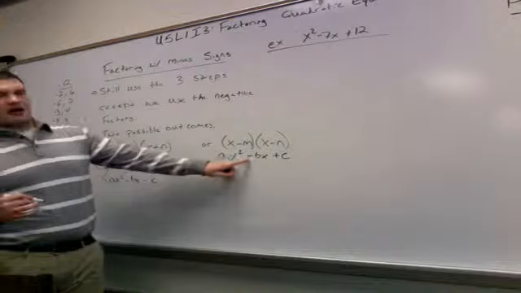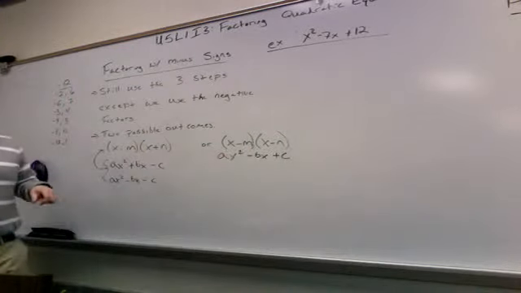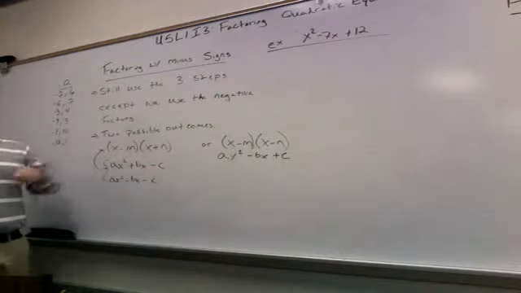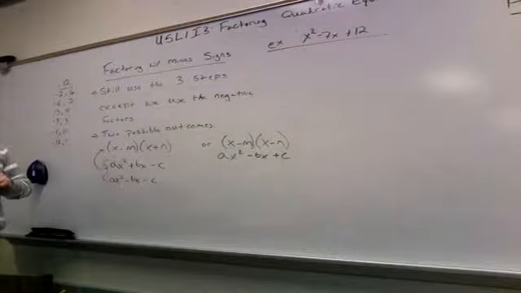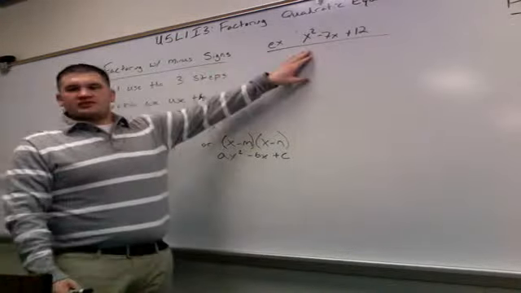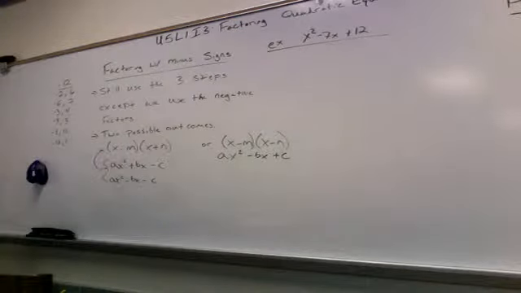So if there's only a minus for the b and a plus for the c, then you'll have 2 negative factors. Unlike over here, if you have a negative for the c, you have 1 negative and 1 positive. So based on how our equation starts out looking, we can figure out what our factors will look like. All right, that's helpful for checking your answer at the end.